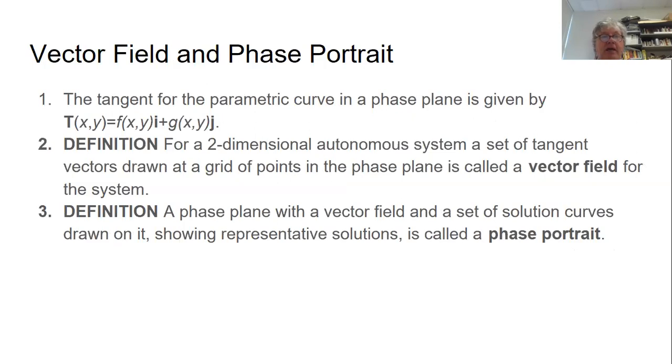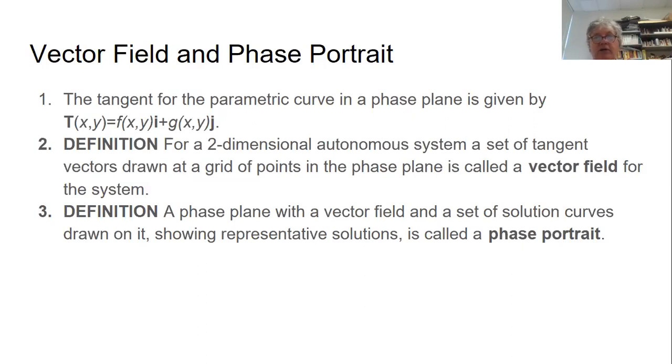Like before, we now come up with a vector field. We take a grid of points in our phase plane and put a tangent vector to the solutions at those grid points, and that gives us our vector field. Remember, the tangent vector for the parametric curve is, in the horizontal direction, just f of x,y, because f of x,y equals x prime, the rate of change in the x direction.